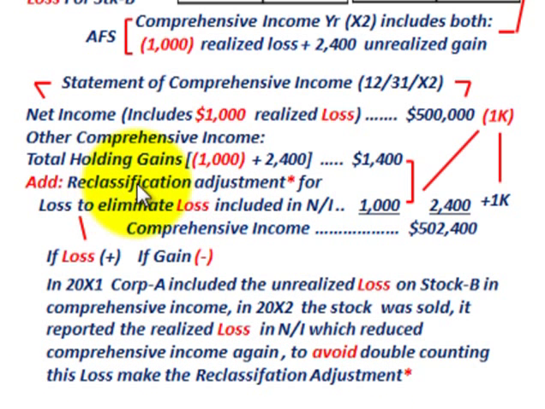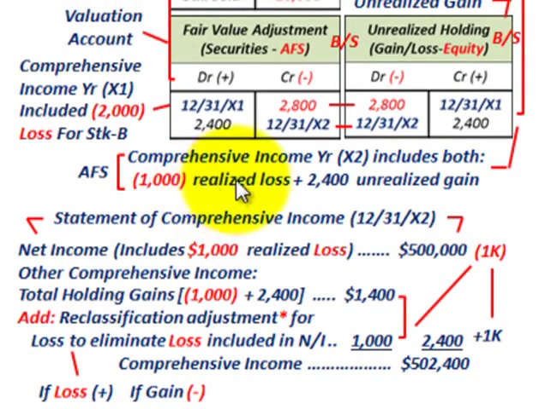Make those reclassification adjustments when you're dealing with available for sale securities, because you have to take care of this realized loss versus the unrealized gains or losses in that holding account. So you have to make that reclassification adjustment.